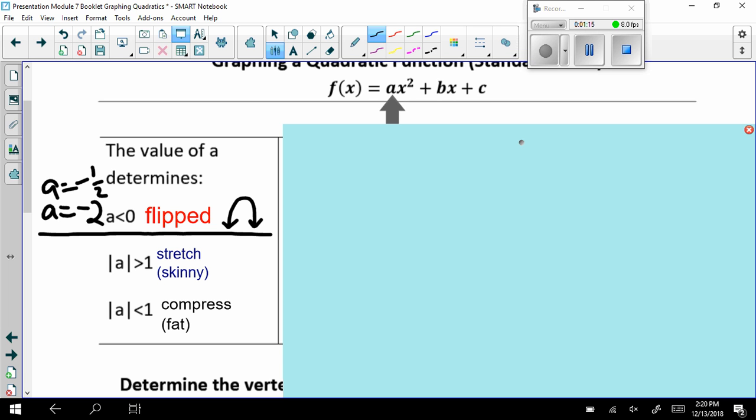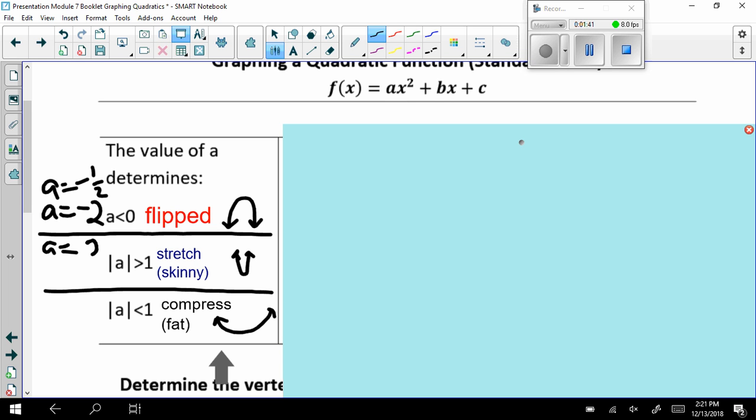Now, the other two things that can happen, our graph can be either really skinny, opening up or down, or really fat, opening up or down. That's our non-mathematical description. The description mathematically is that they are stretched or compressed. The stretch is going to happen when your absolute value is greater than 1. So think of it this way.